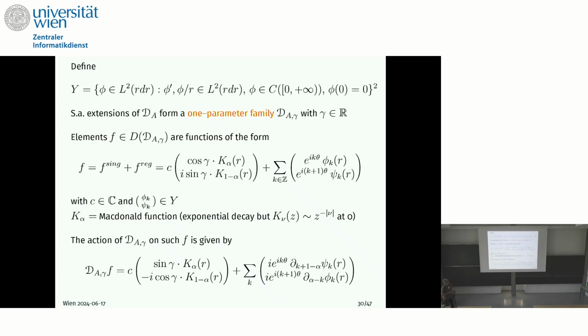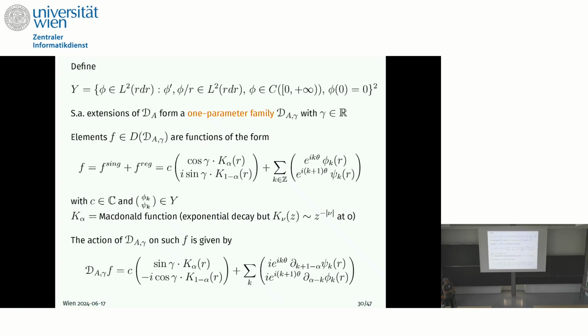This is the standard modified Bessel function of the second type, some Macdonald function, okay? K alpha is the one that decays exponentially at infinity, and this is always singular at 0. The singularity is of order z to the minus mu.